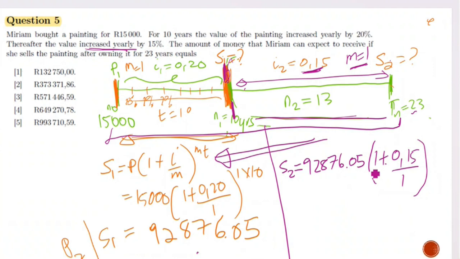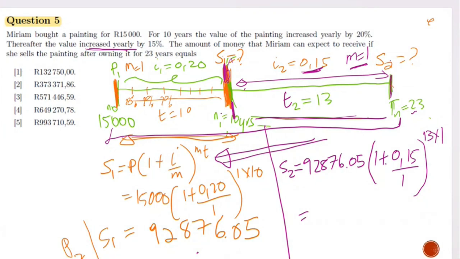We are saying 23 minus 10. You want it for this period. This is going to be equal to your T here. That is your T2. Your T here is 13 multiplied by 1. Okay, the value will be the final value.